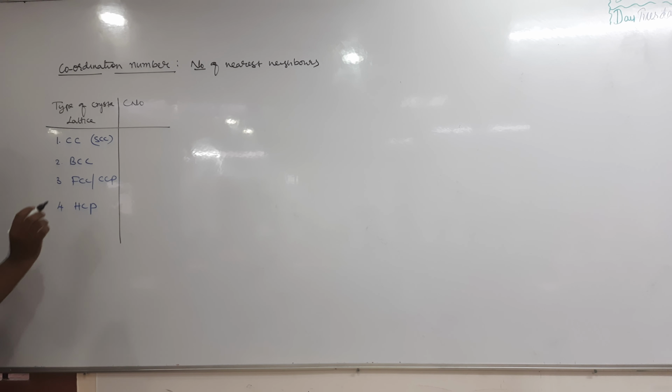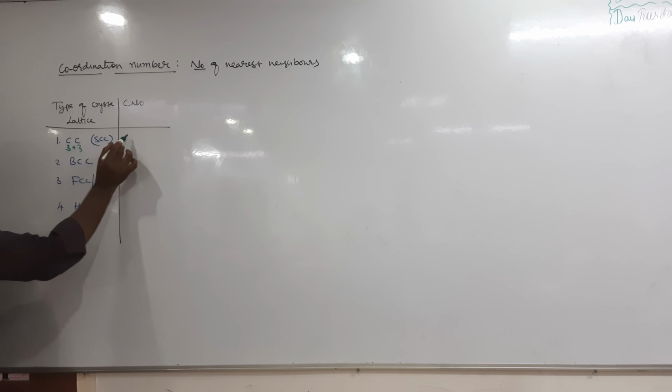Here, what is the coordination number of simple cubic crystal? It is 6. You remember like this. Simple cubic crystal, usually it is taken as CC. Tell me in alphabetical order, what is the position of C? A, B, C, 3rd. It is also 3. 3 plus 3, 6.